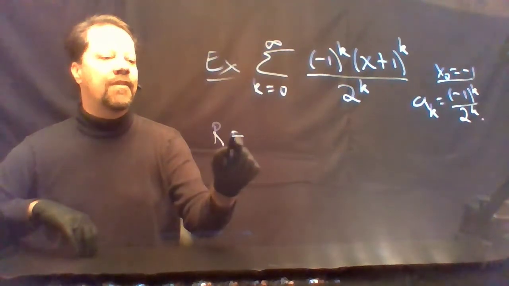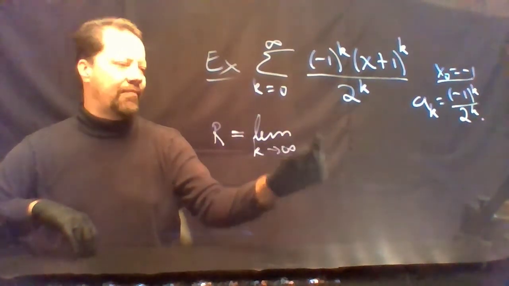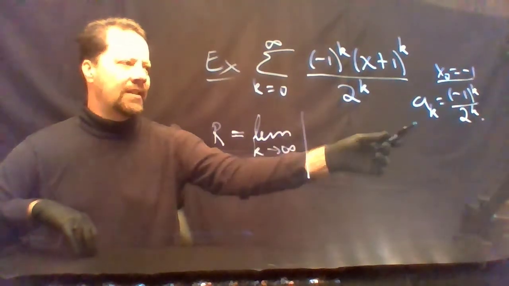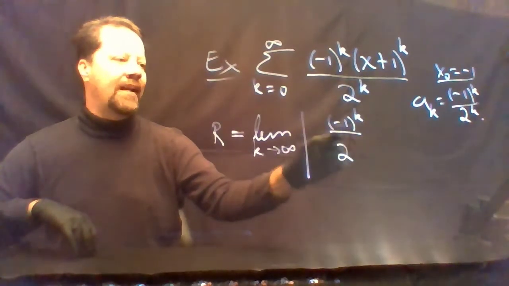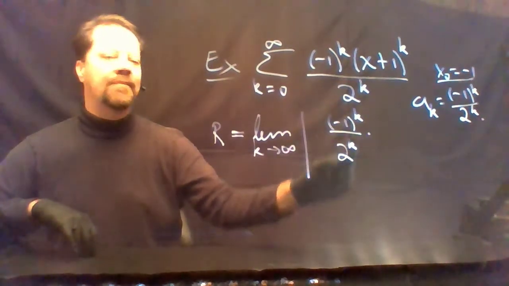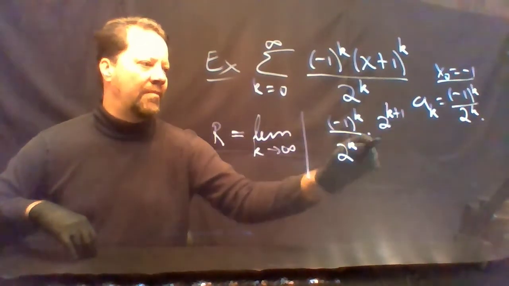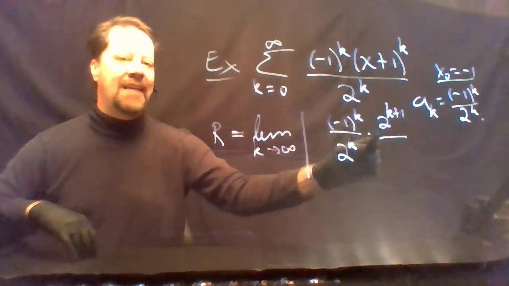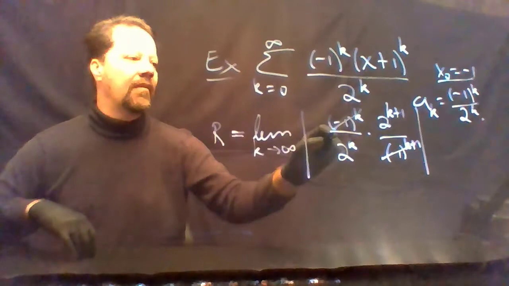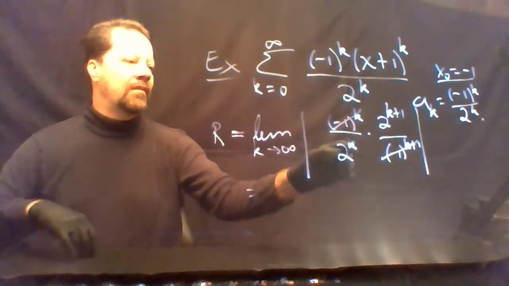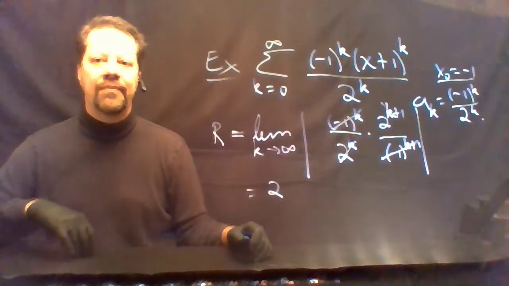The radius of convergence is the limit as k goes to infinity, absolute value. Since we're doing this in absolute value, these powers on -1 won't matter. Inverting and multiplying by what we get when we use k plus 1 instead, k factors of 2 will cancel, leaving a radius of convergence of 2.